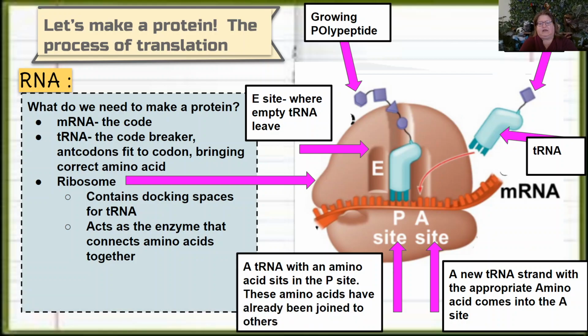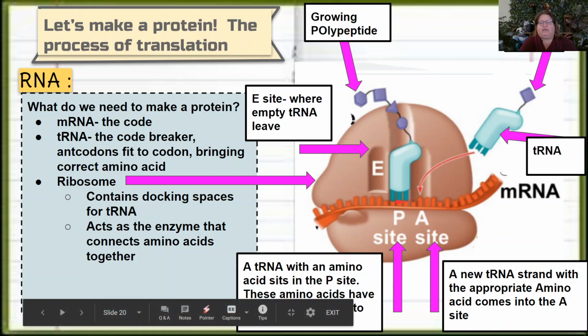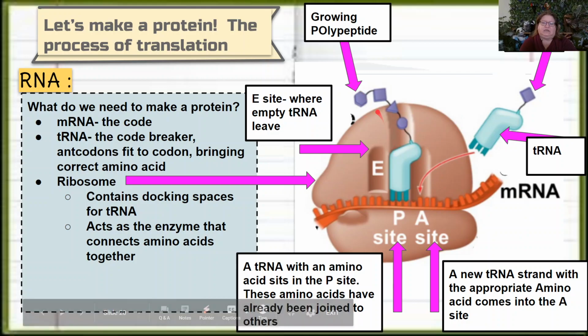In the P site, we've got a tRNA with an amino acid that sits in the P site. These amino acids have already been joined to others. And so we call it the P site because you can think of a polypeptide. So the P site is the growing polypeptide. The A site is when we only have one amino acid.